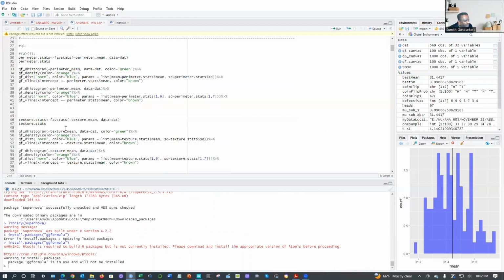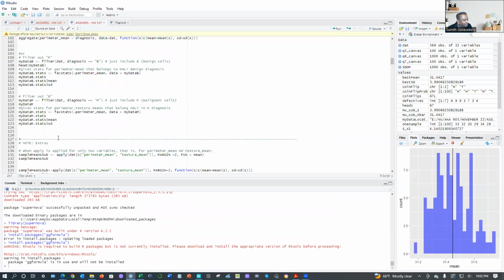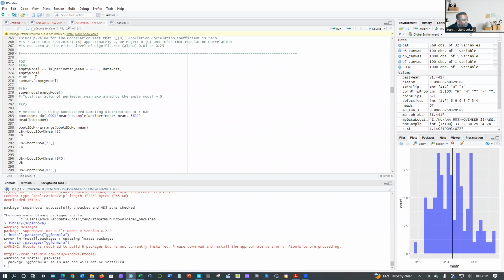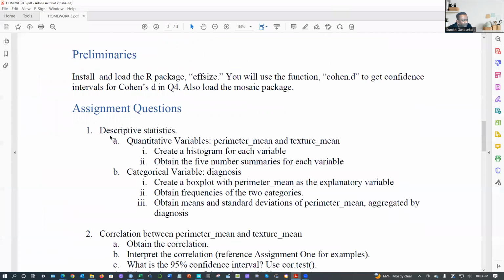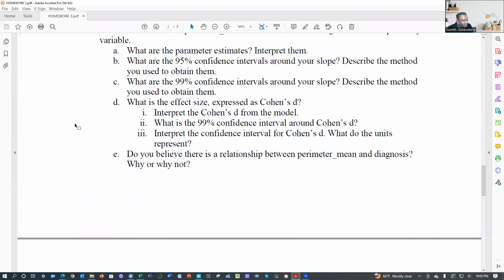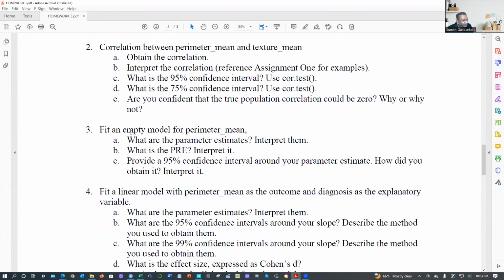That's okay. But let's go to Q3, question number 3. You're going to fit this into an empty model. Fit an empty model for perimeter mean.